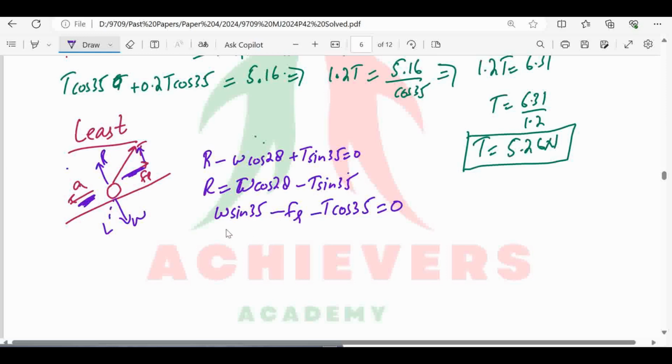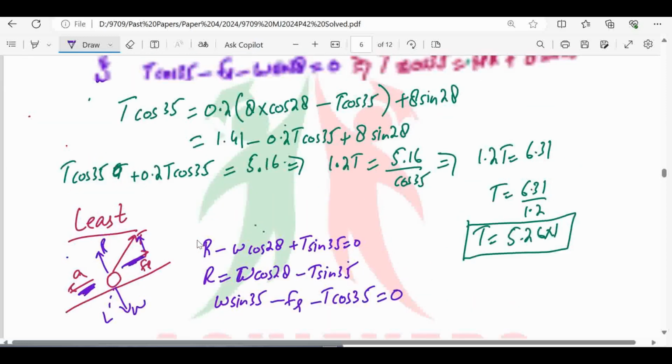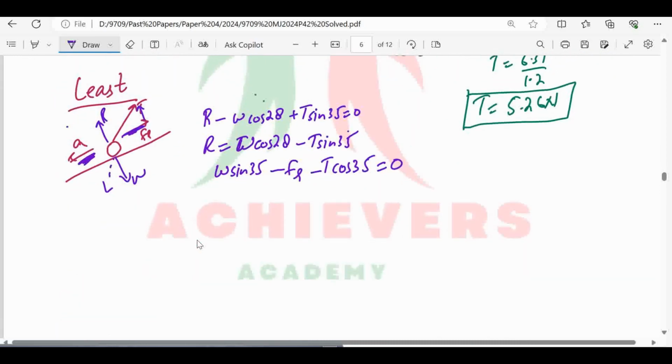Okay, now from here we can write it as, we know that mass is 0.8. So 0.8 into 10 into sine of 35 minus mu is 0.2 and R is 0.8 into 10 cos of 28, and then we will have minus T sine of 35, then we will have minus T cos of 35 is equals to 0.